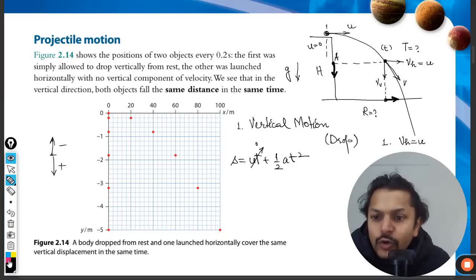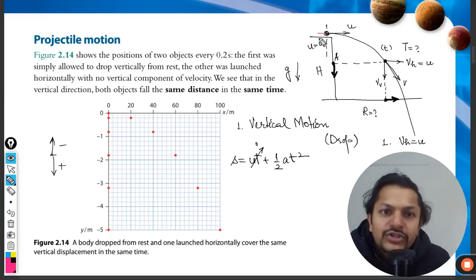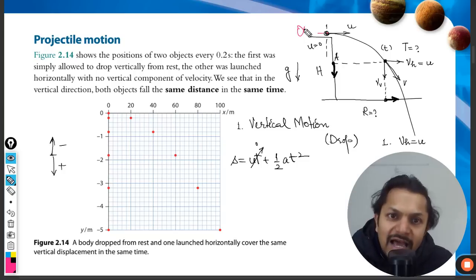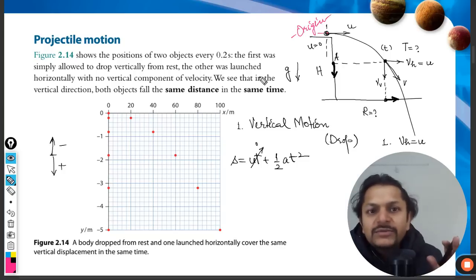Okay, so this is downwards, and as I have earlier told you, the position where the motion starts will be assumed as origin. So all the measurements will be made with respect to the initial position only.